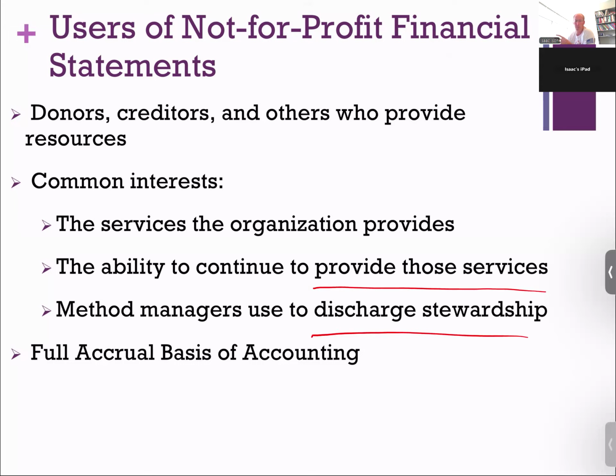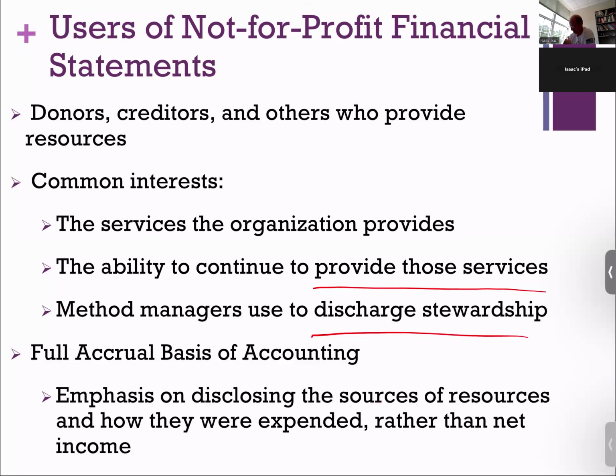So starting in your principles level class, intermediate classes, advanced classes, that's all full accrual basis accounting. And so that's kind of nice that we're sticking with that for now until we get to governmental accounting. And what full accrual basis is, we're really interested in how any given transaction impacts the economic entity as a whole. What is that impact?